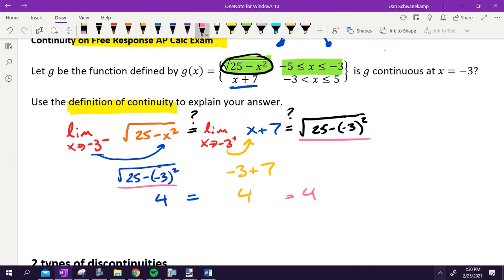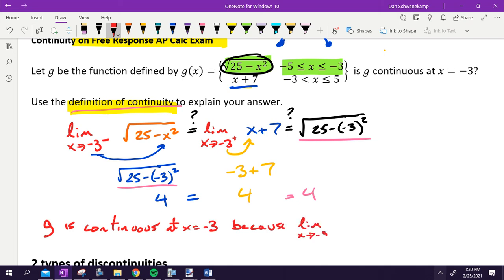That is my answer, but we're going to go ahead and write that in words. So we want to make sure that we are using the definition of continuity. So we're going to just sum up what we just said. G is continuous at x equals negative 3 because the limit as x approaches negative 3 from the left.